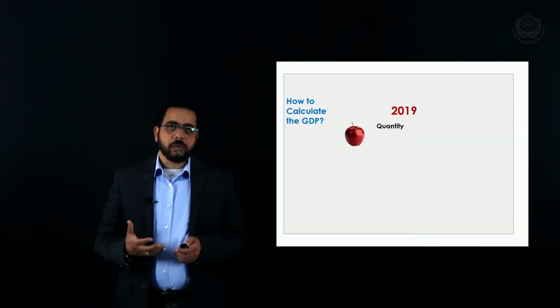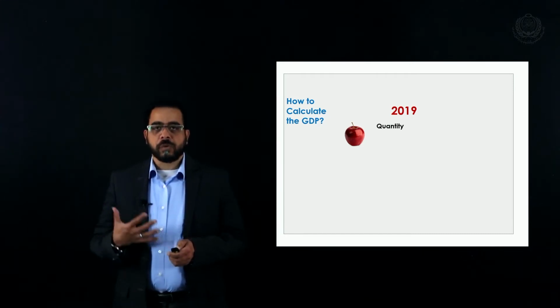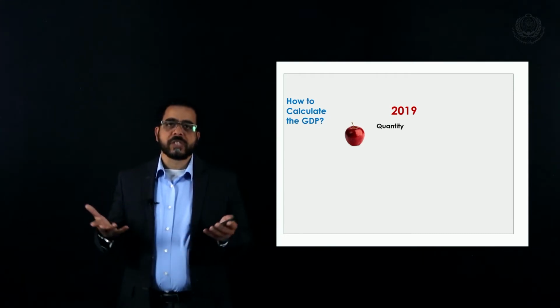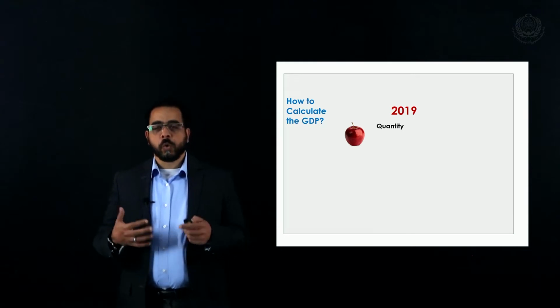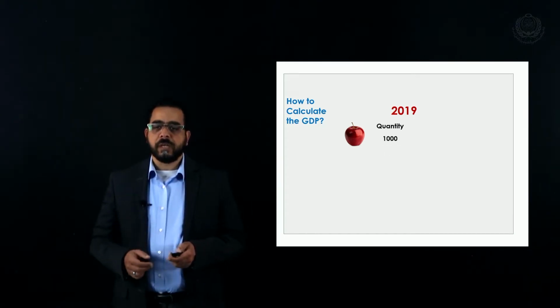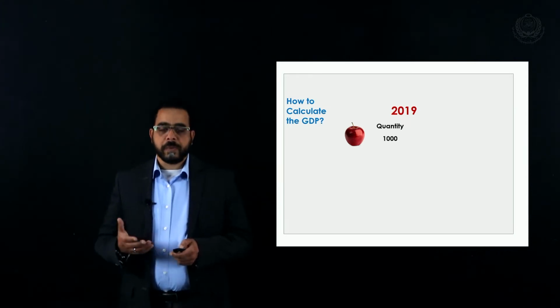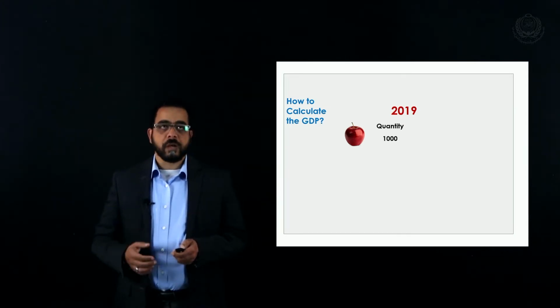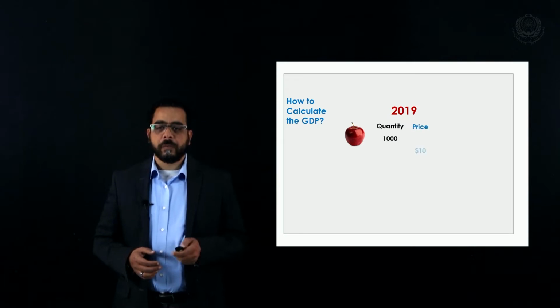How do we calculate the consumption or investment or government purchase or exports or imports? Simply by multiplying quantity times the price. So let us assume this country spends their money, or their expenditure, over 1,000 kilos of apples. The price of each kilo is $10.